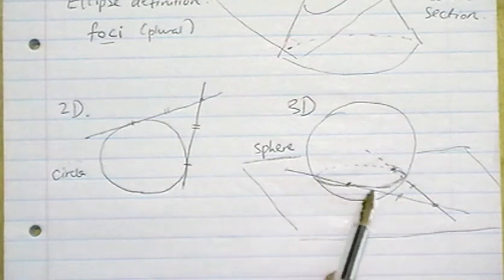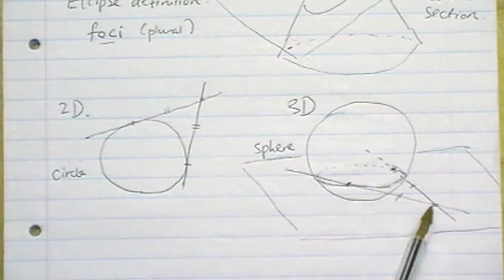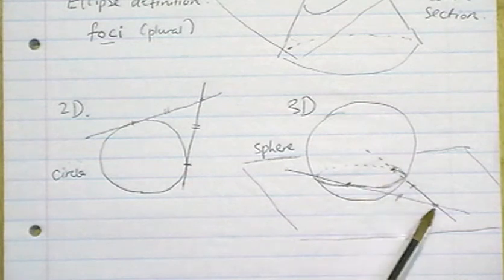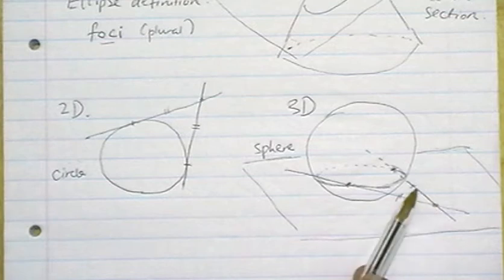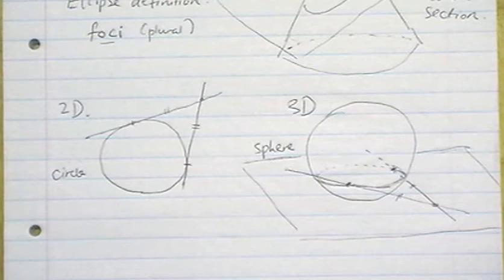Any two lines that touch the sphere and cross at a point, for any two lines like that, the distances from the point of contact to the point of intersection, these two distances must be equal.